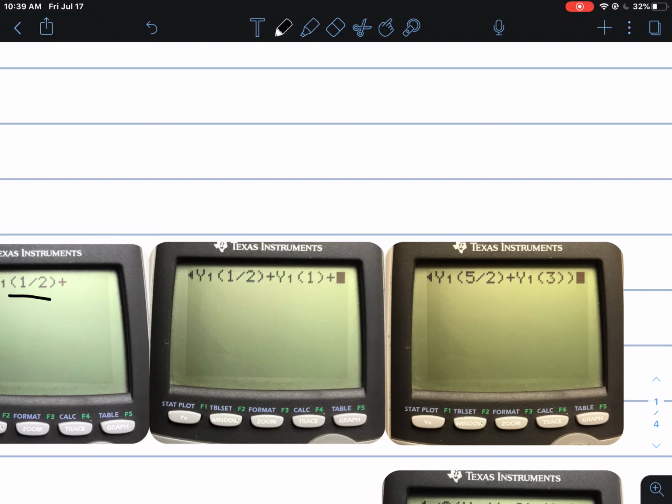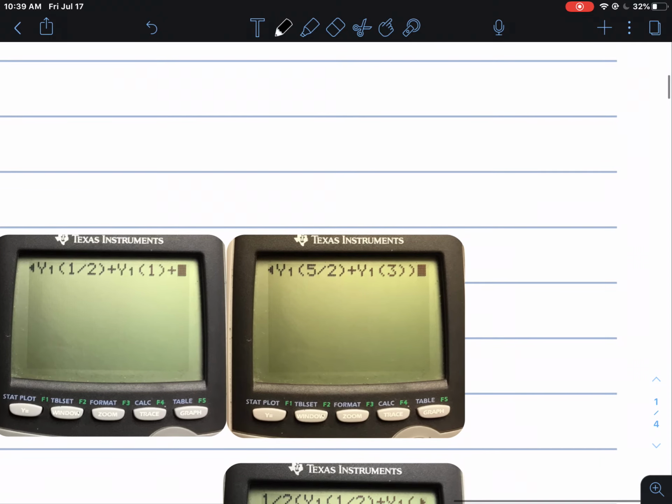It'll be back at the home screen, y1. Enter in 3/2 as our next function value. Plus vars, y vars. Brings you back to the home screen, y1. Enter in our next value, which would be 2. Okay, and then you just repeat that until you have entered in all of your function values, the last one being 3.